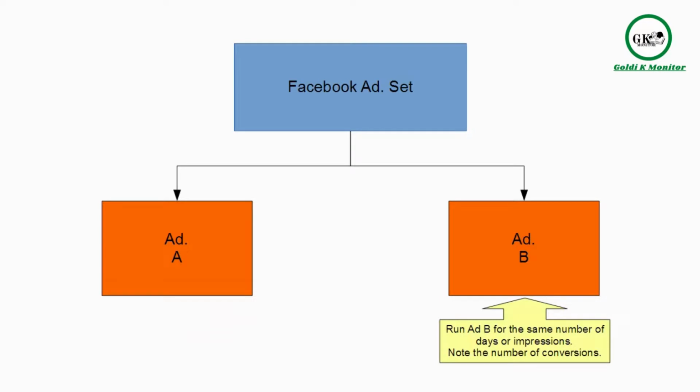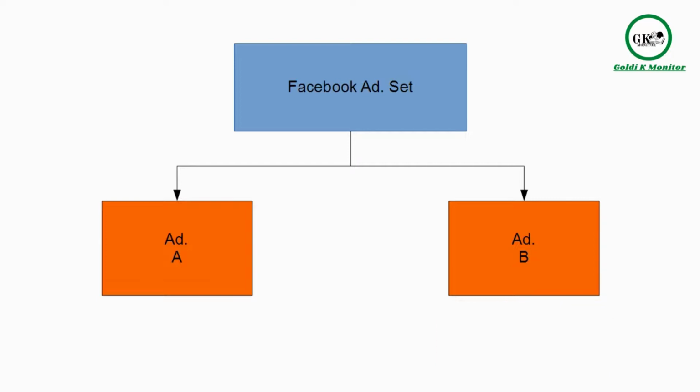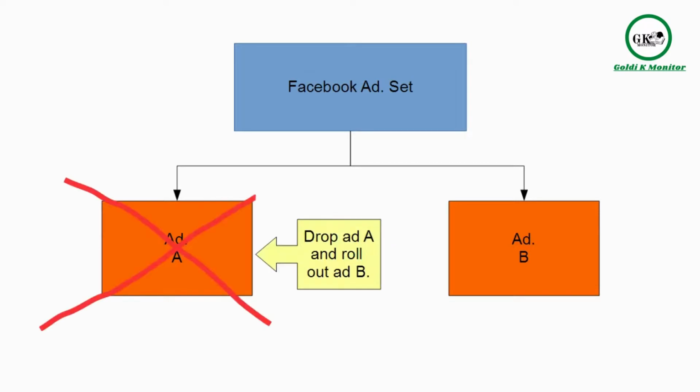You then run ad B for the same number of days or impressions, and again you note the number of conversions. Now let's say, for the sake of argument, that when you go through all the stats you find that ad B outperforms ad A. What you simply do is drop ad A and roll out ad B to everybody that you want to target with the ad.